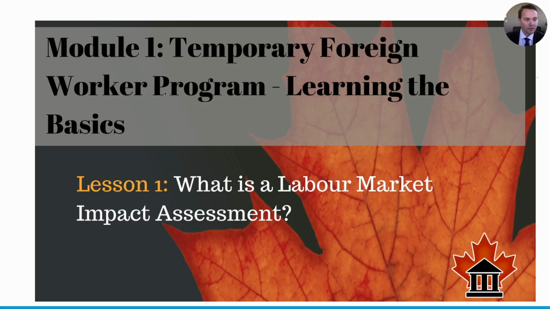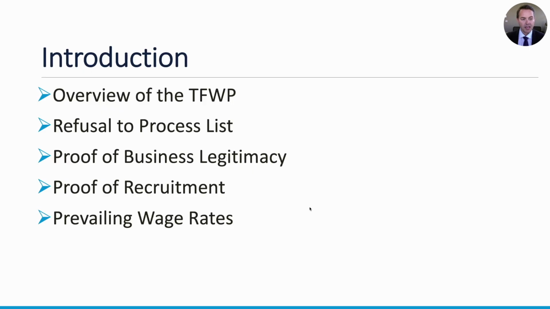All right, so like I indicated before, this here is the very first lesson within Module 1, Temporary Foreign Worker Program, Learning the Basics. In this lesson, we're going to talk a little bit about the Temporary Foreign Worker Program, and then we're going to dive into some of the main components of an LMIA. So there's a refusal to process list. You have to know whether or not you're on that list, because if you are, there's no point going forward.